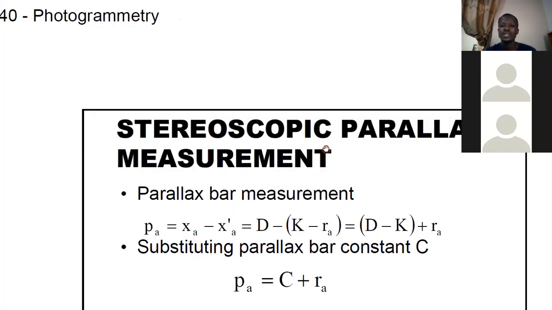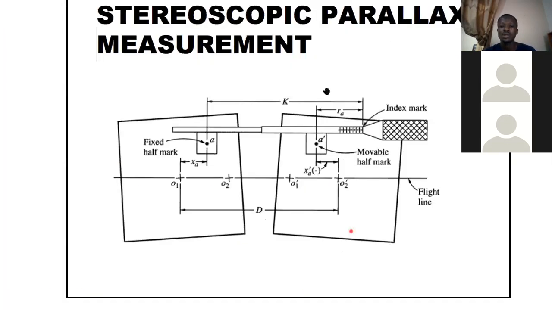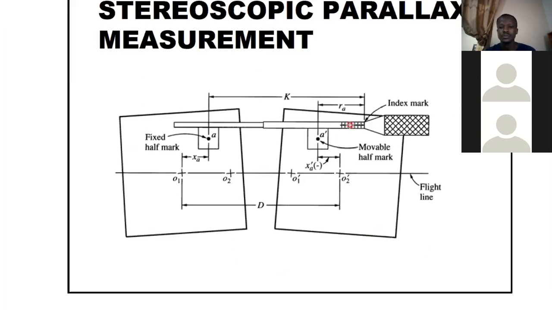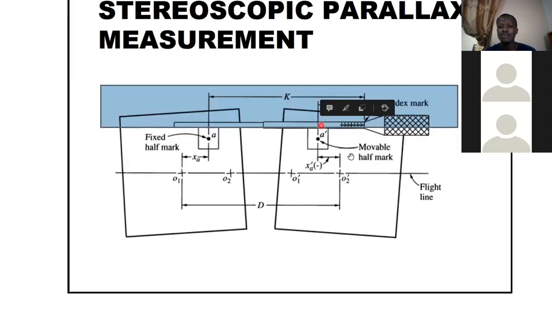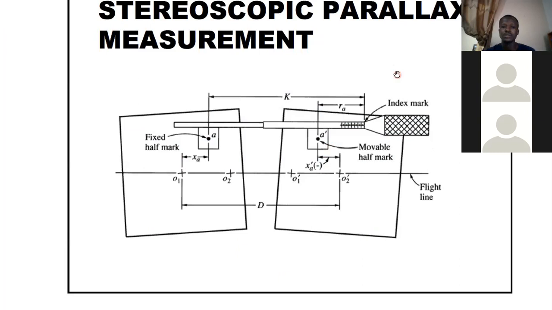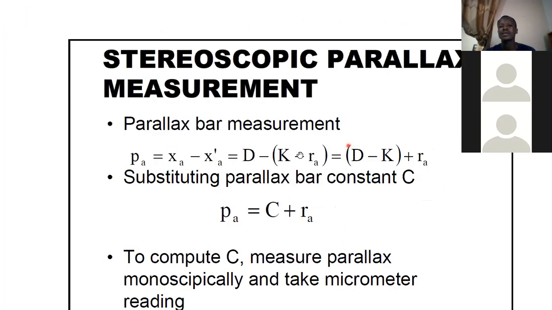The reading is actually shown up here. Remember we can adjust the movable half mark and then take a reading. Moving forward, we can now use that reading in here.